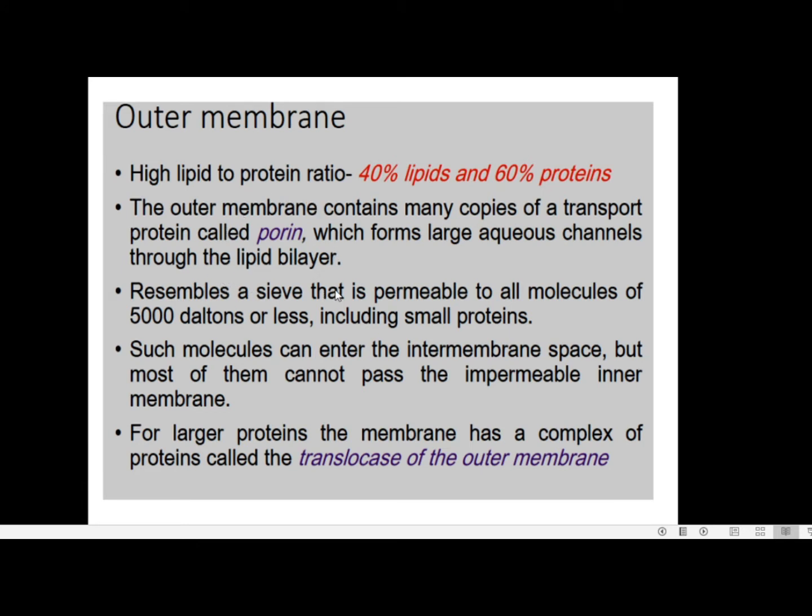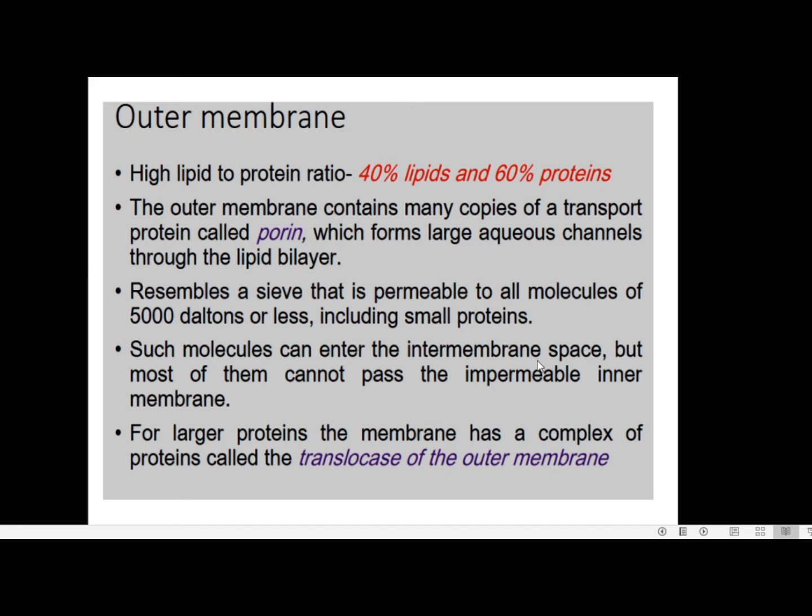They act like channels. They have pores inside through which they allow substances to pass through. Usually they act like a sieve that allows only small molecules, that means molecules up to a size of 5000 Daltons or less, to cross the outer mitochondrial membrane and enter into the intermembrane space.